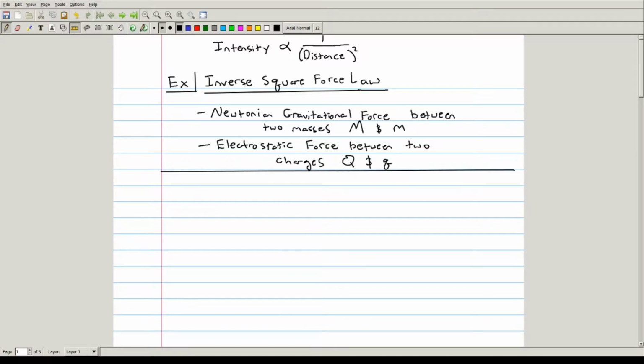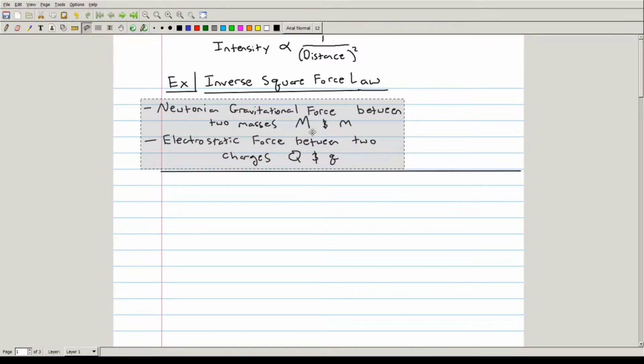This is really a great example of a conservative vector field, because the force field in either of these two cases is actually coming from the gradient of a scalar potential function. Because both of these are essentially described by the same mathematics, we'll just call that scalar potential function phi.